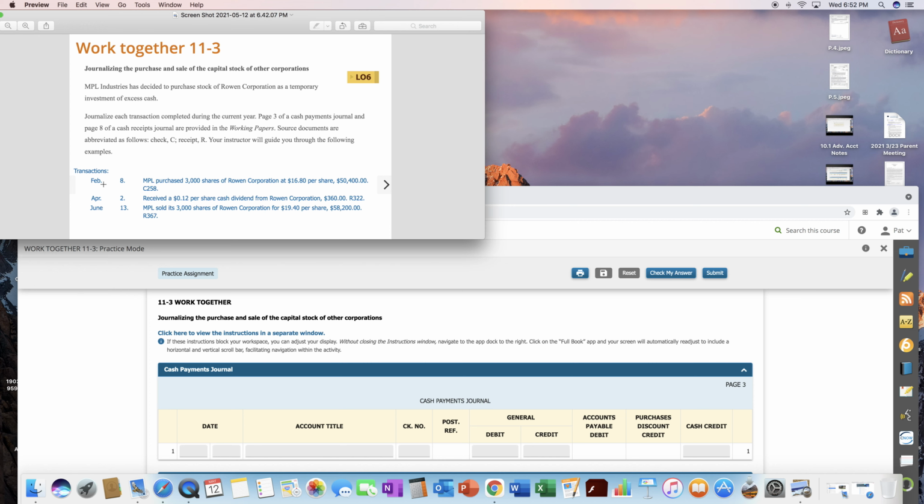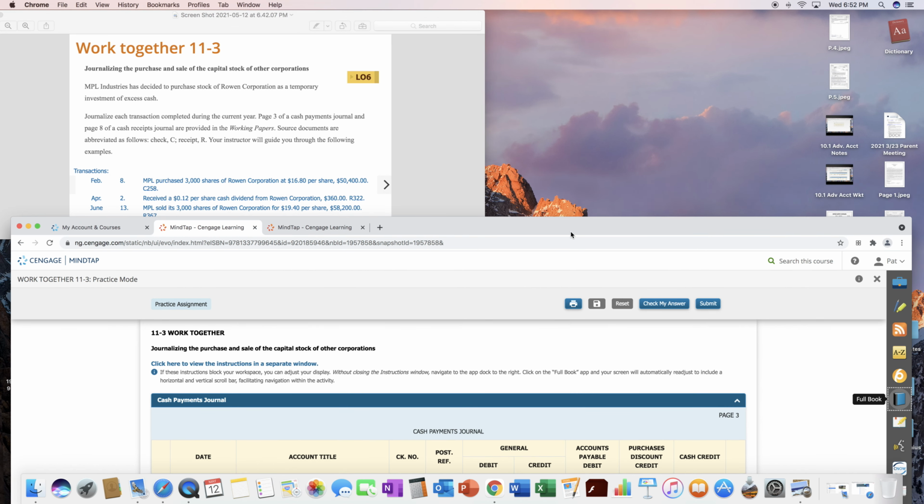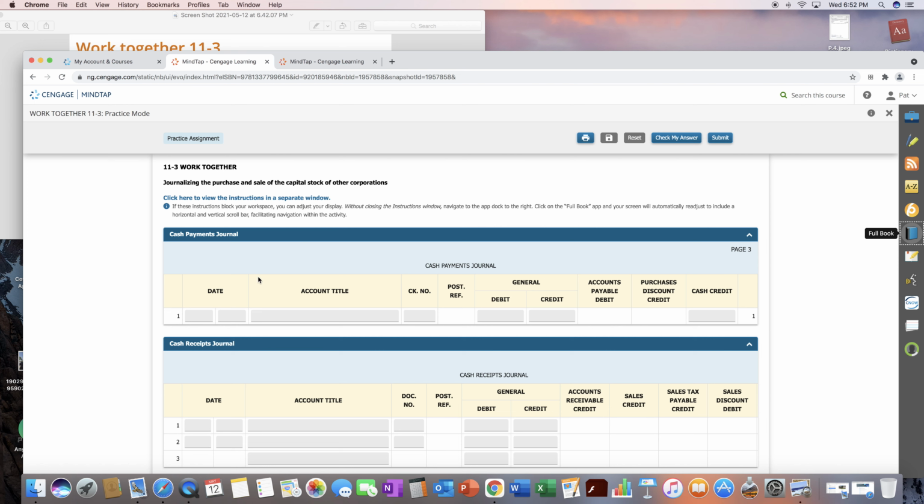The first one says February 8th, MLP purchased 3,000 shares of Rowan Corporation at $16.80 per share, $50,400. So they give us the amount. We don't have to do any multiplying. And it's February 8th, check number 258. So February 8th is our date.